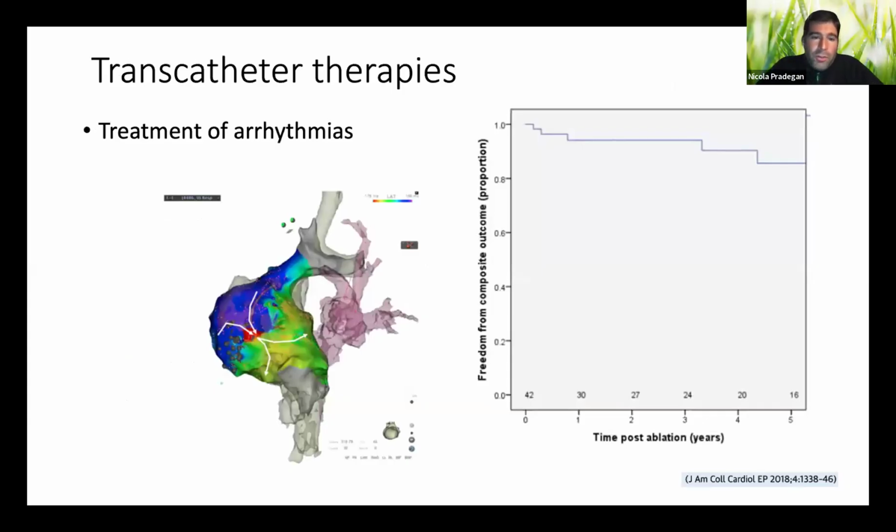So when we talk about transcatheter therapies in failing Fontan, of course, we talk about supraventricular arrhythmias, which especially in AP Fontan represent an important point to manage to reduce the risk of death as well as the risk of transplantation during Fontan follow-up, with nearly 85% of freedom from these endpoints by 5 years after ablation.